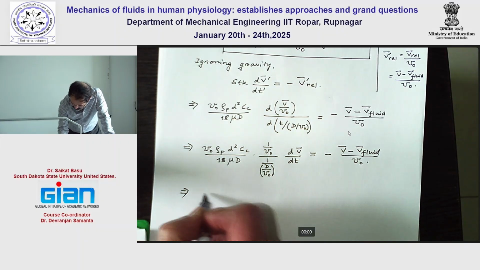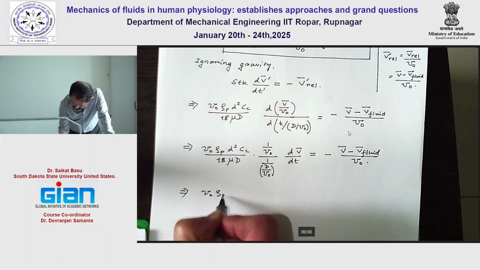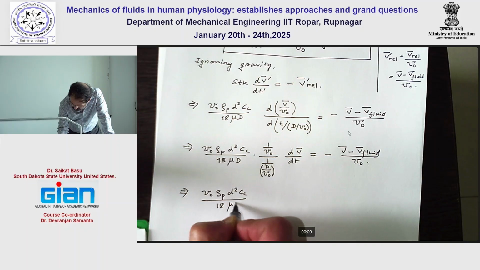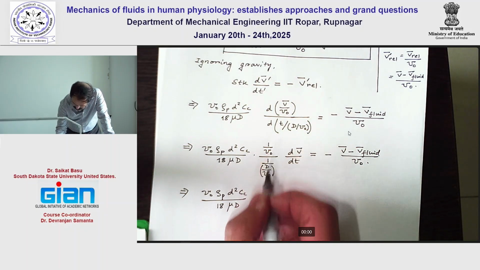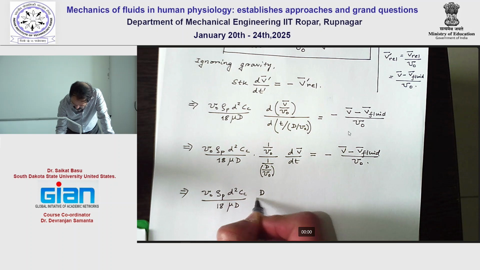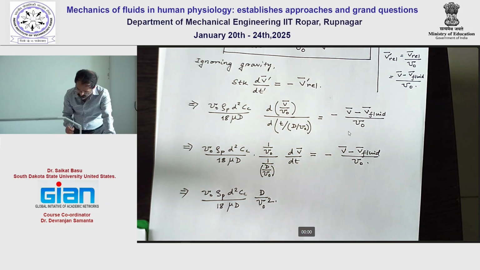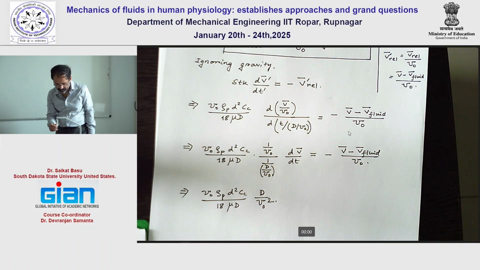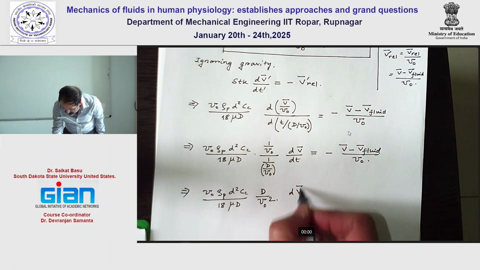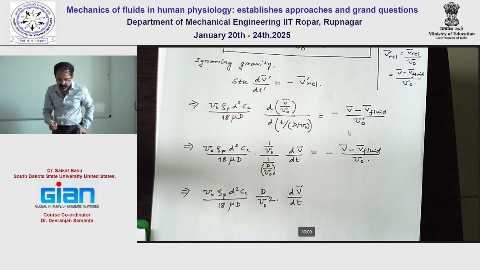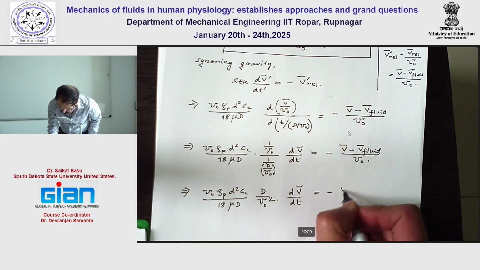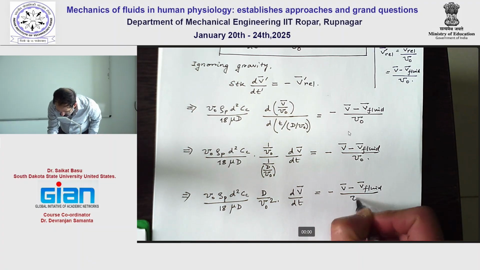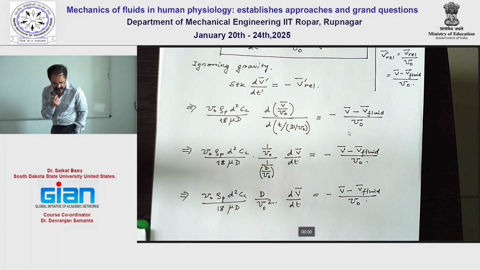Let's keep on simplifying. This u naught becomes d over u naught square. Correct me if I'm wrong anywhere. So dv bar dt is equal to the same as before. Let's now see what we can cancel.